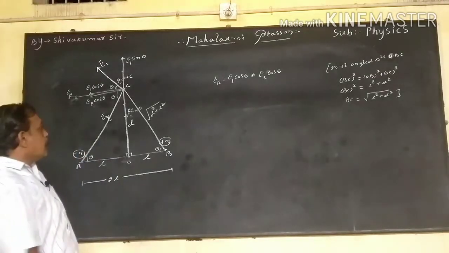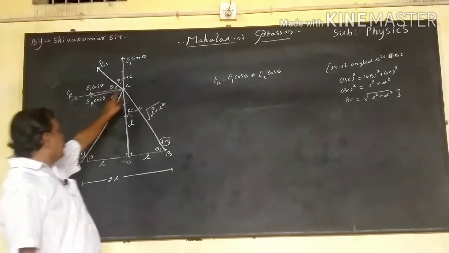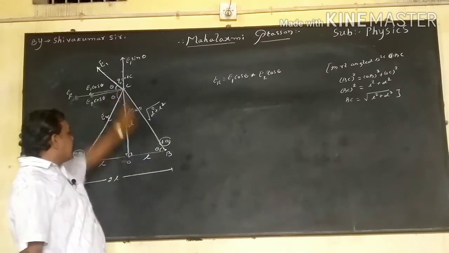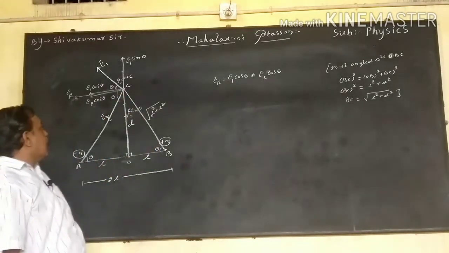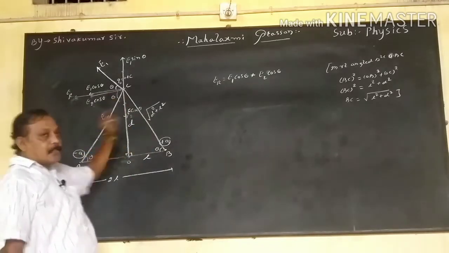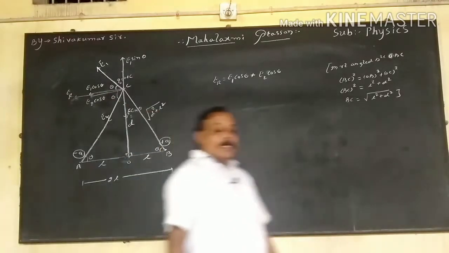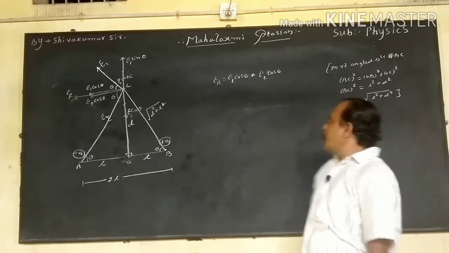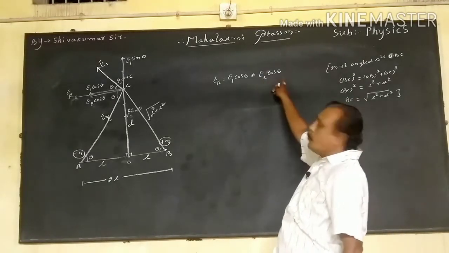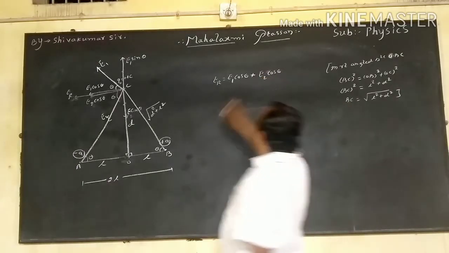Then after this, the point C is equidistant from the charges minus q and plus q of the electric dipole, and they are equal in magnitude but opposite in nature. Hence E1 and E2 are equal in magnitude. So it means that E1 cos theta and E2 cos theta are equal in magnitude.